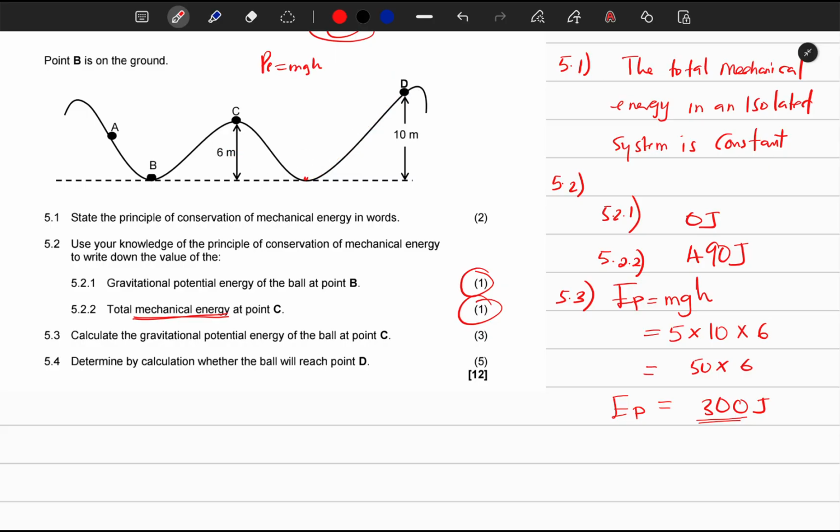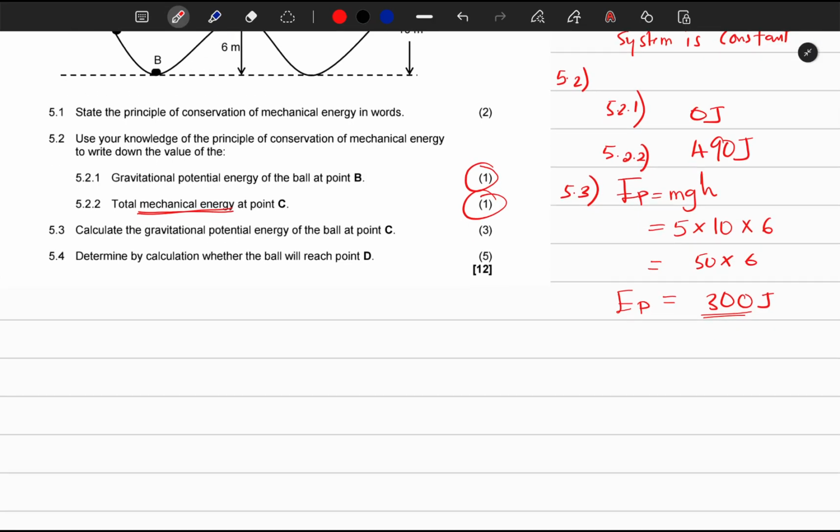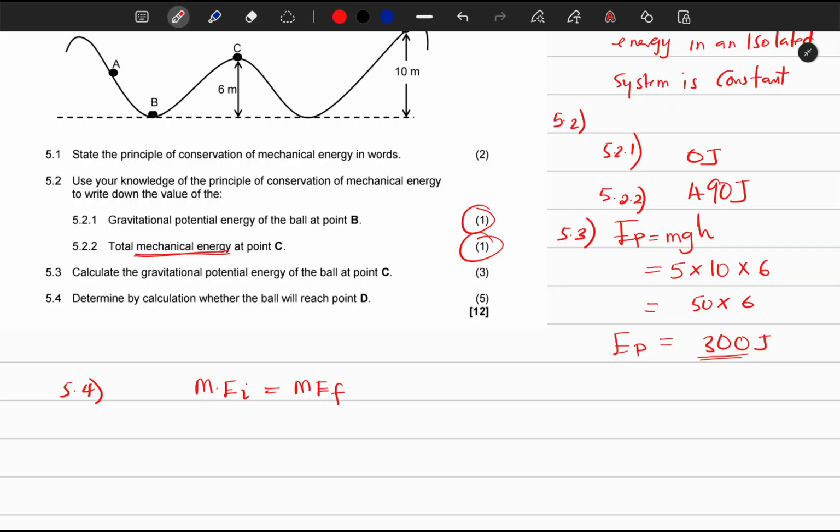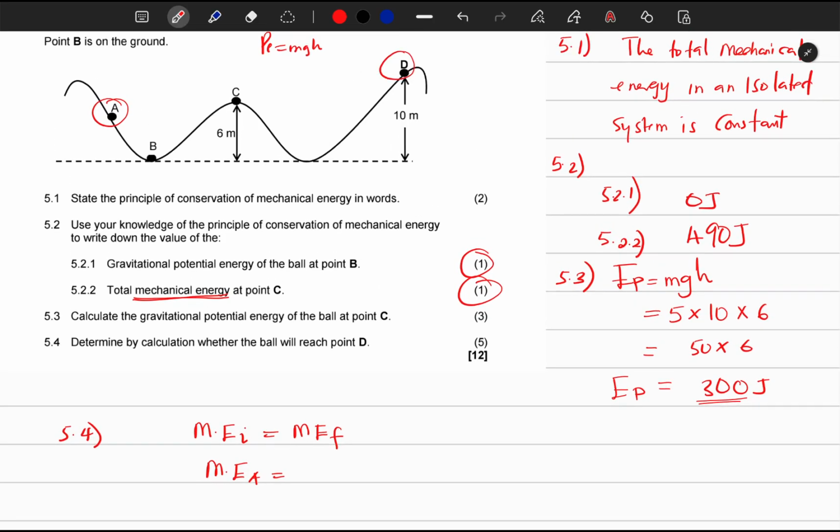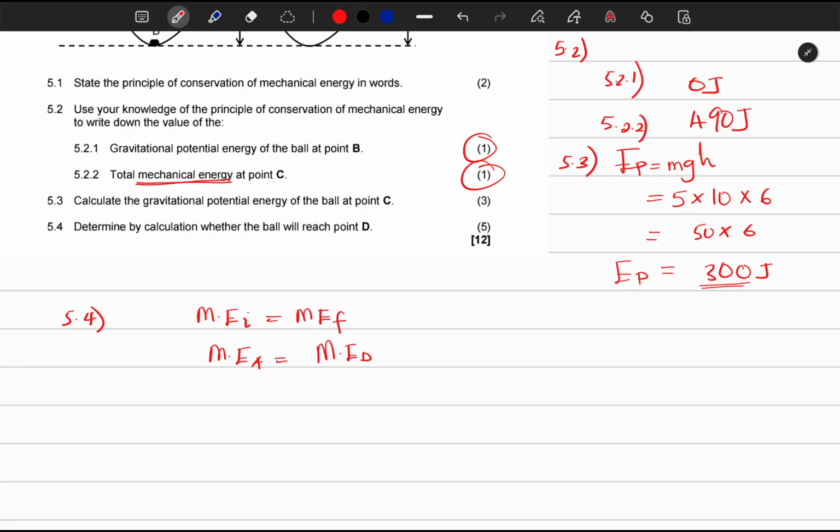Now we need to use the conservation of mechanical energy. So here is what we are going to do. Part 5.4. We are going to say mechanical energy initial is equal to mechanical energy final. Mechanical energy initial is at A, so mechanical energy at A should be equal to mechanical energy at D, because we are saying it's conserved.